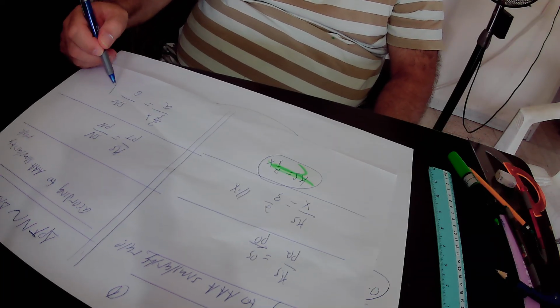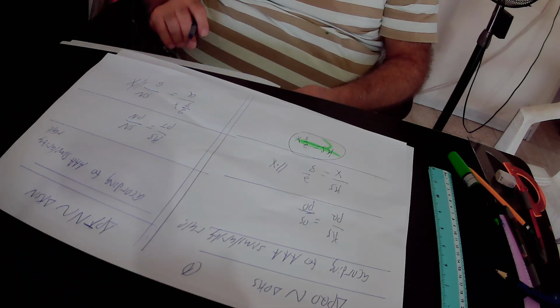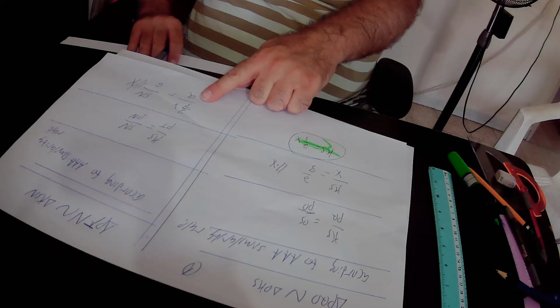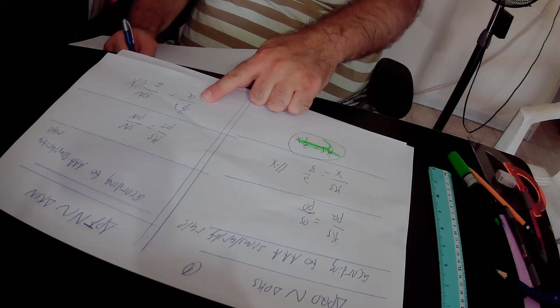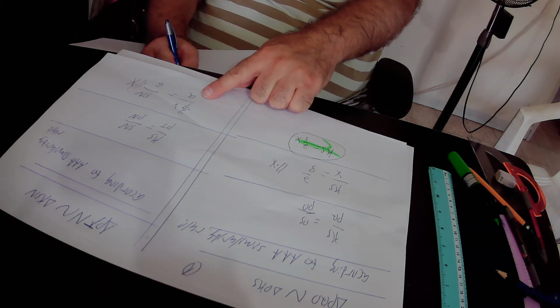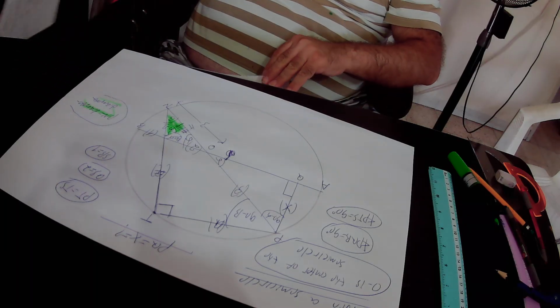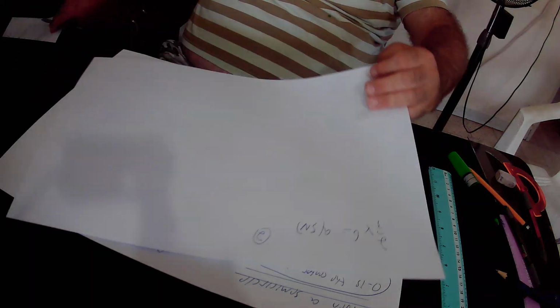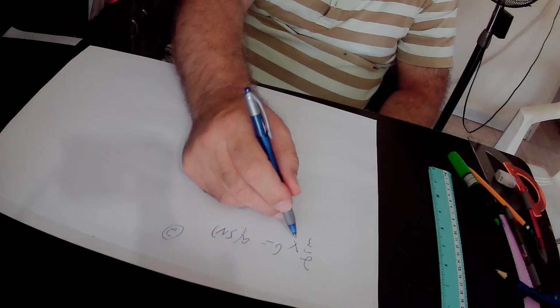Here we cross multiply this equation, and finally we get that 2/3 x times 6 equals A times SN.